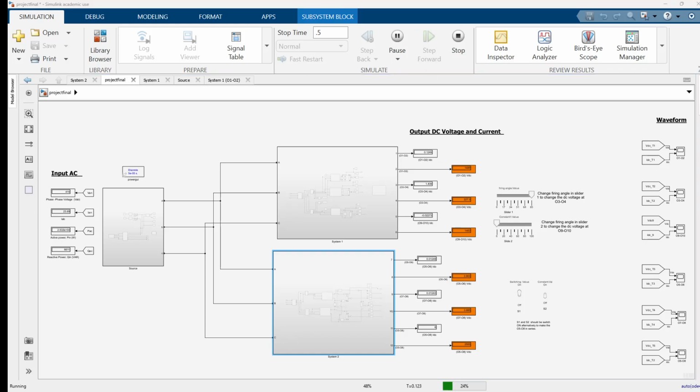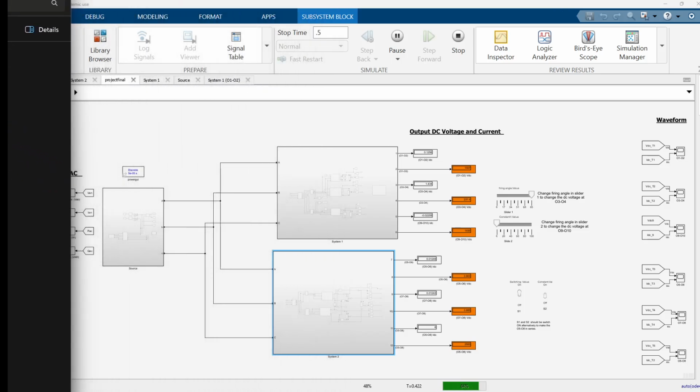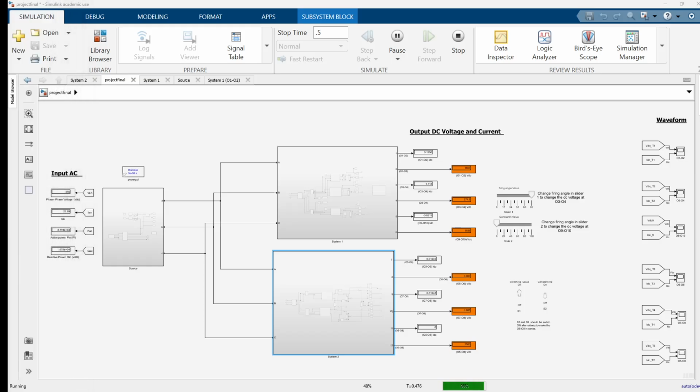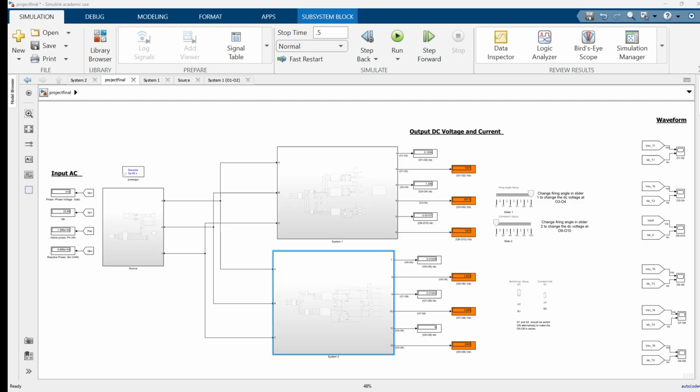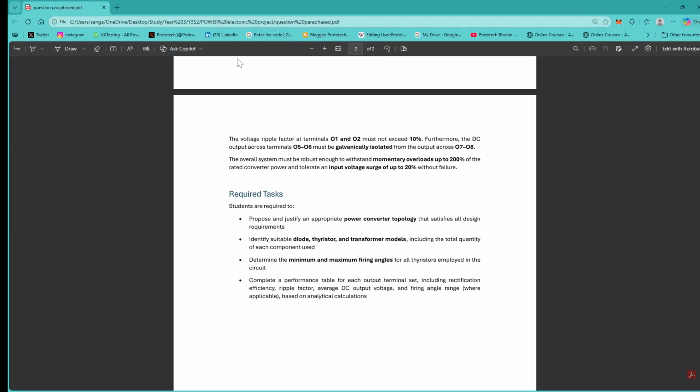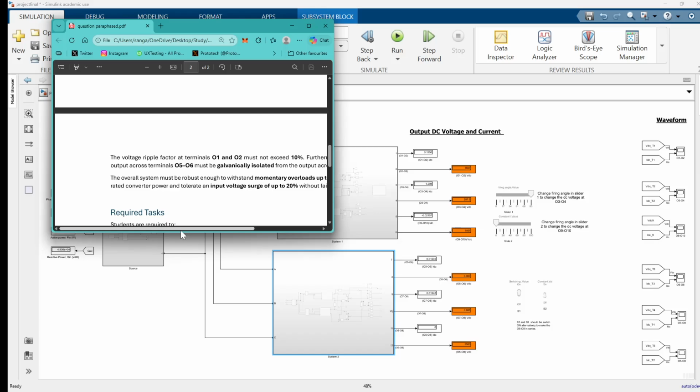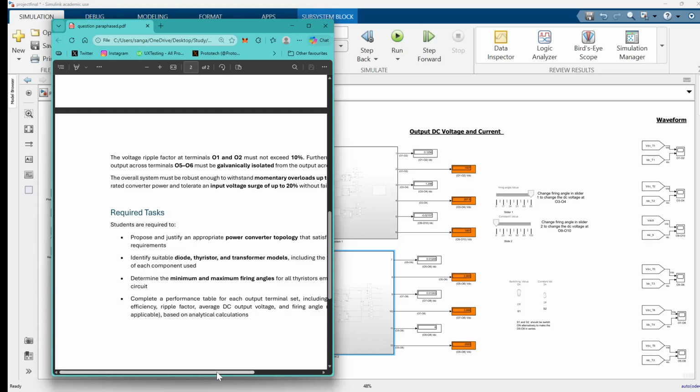While simulating, let's check the results with requirements from the question.